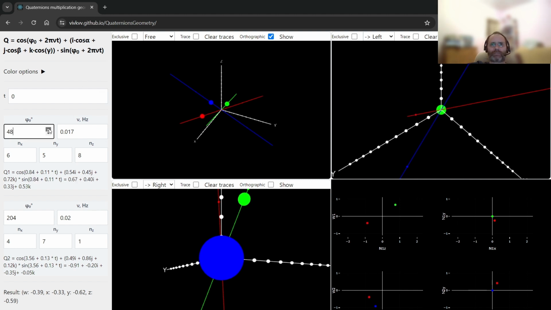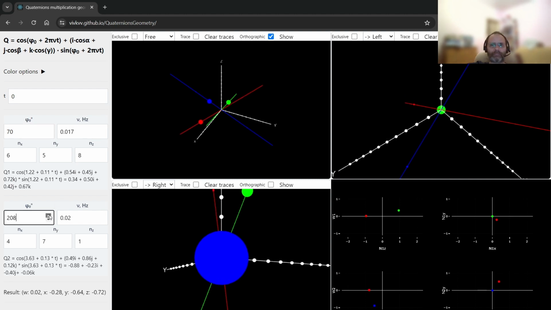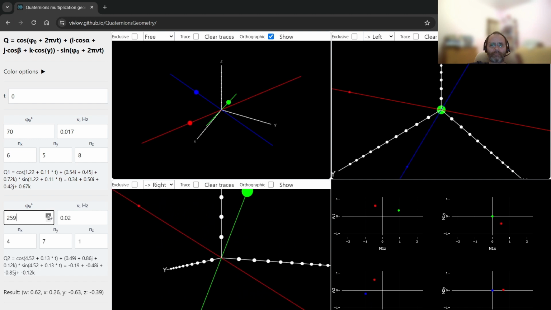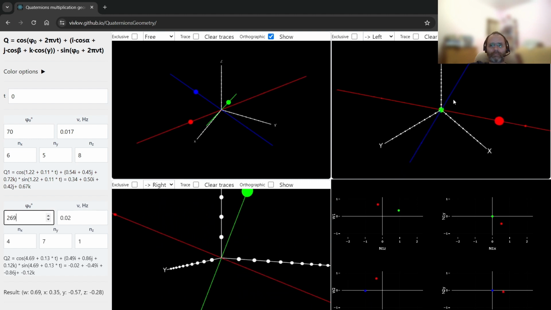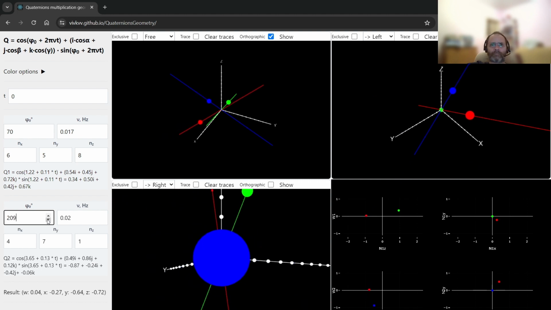Let's change the angle of the first quaternion and see that in the image, the axis of the green quaternion is not visible as it's covered by its point. If you change the angle of the second quaternion, you will see that it moves along its axis. In the left bottom window, we can see the same.